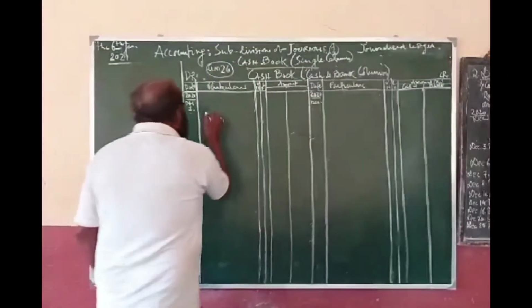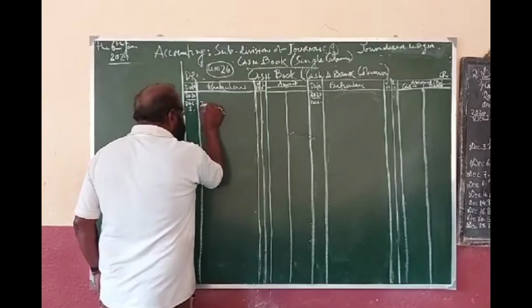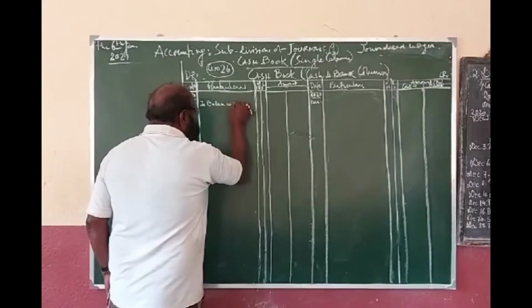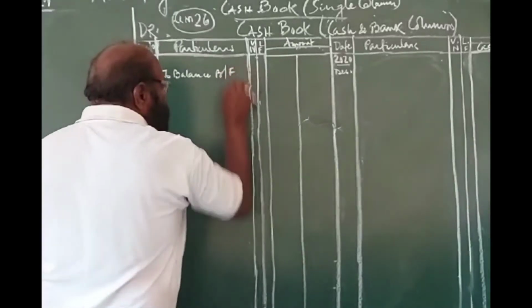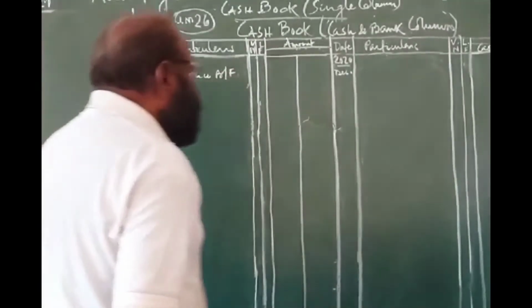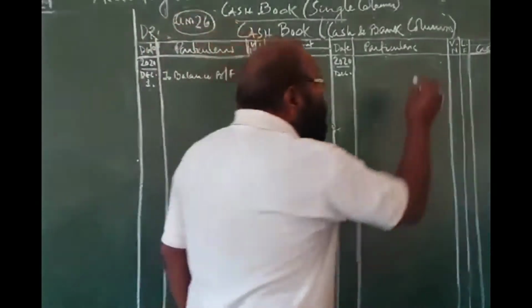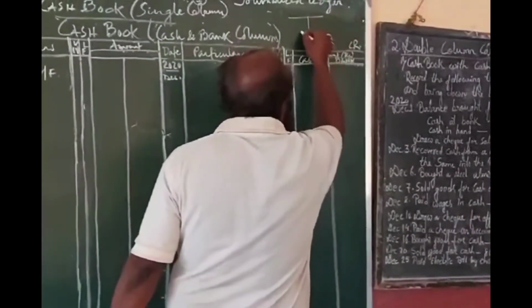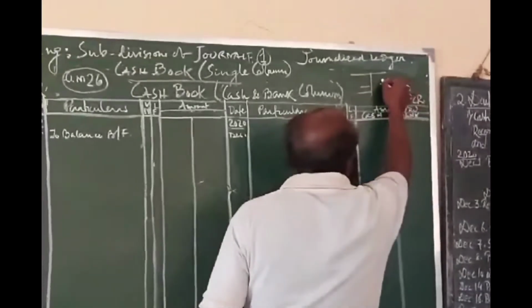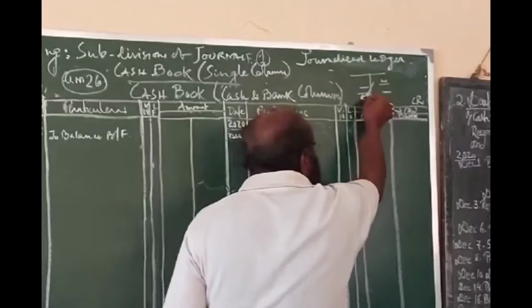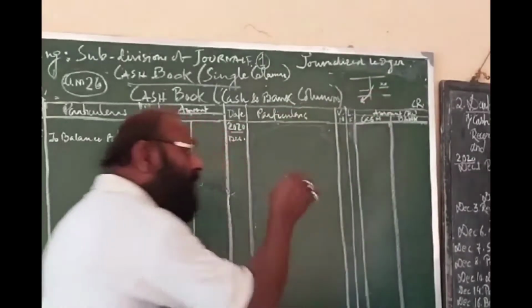So on the debit side we should write to balance BF, balance brought forward. Yesterday there was a balance carried down, and whenever we are carrying the balance over, we write brought down.